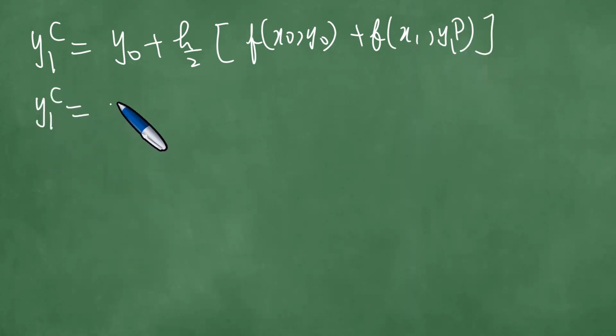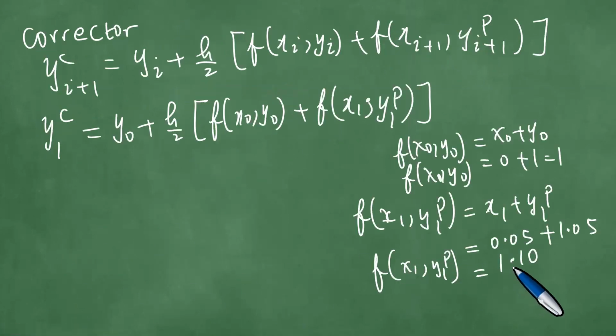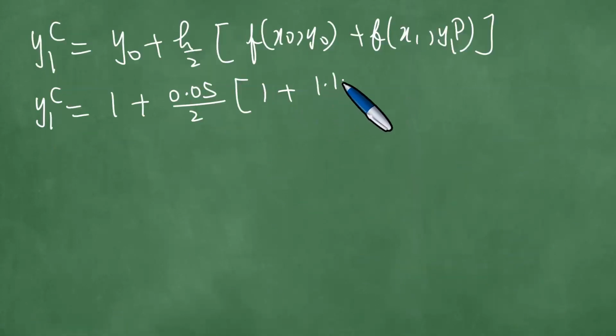What is y0? We saw that it is 1. The h is 0.05 out of 2. And then we have f(x0, y0), we saw that it is 1. And then this one here is 1.10. And then we get y1 corrected.